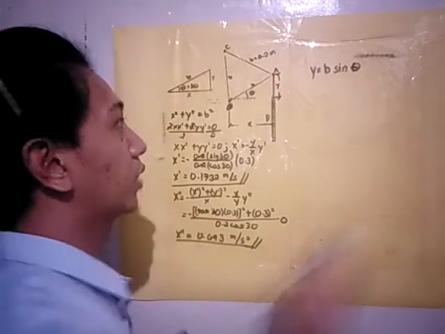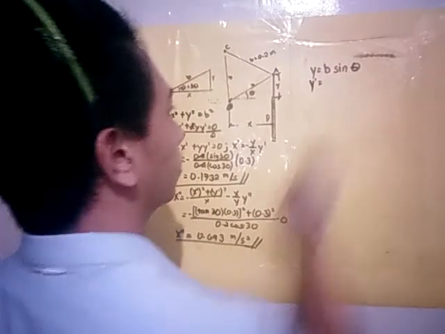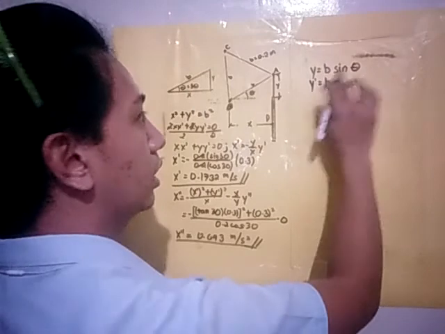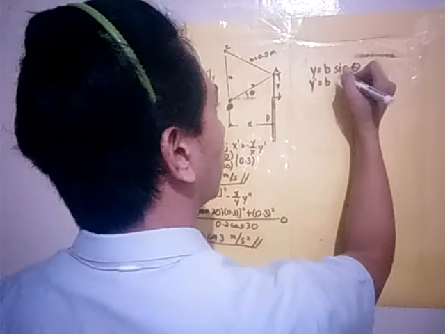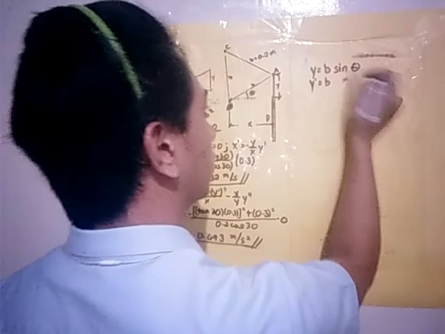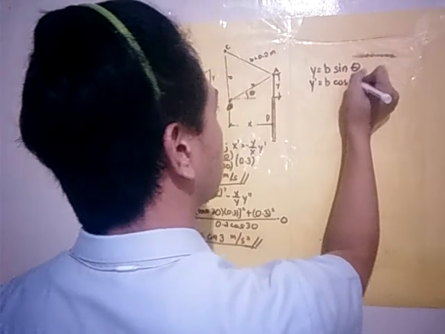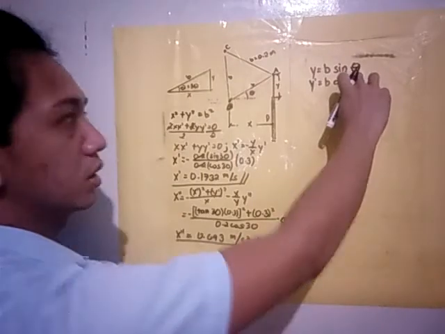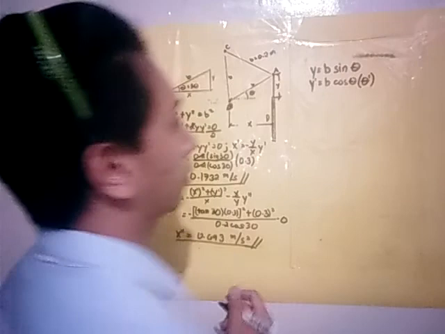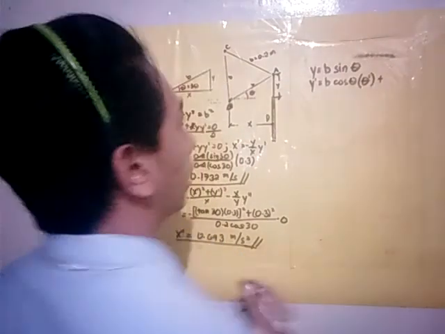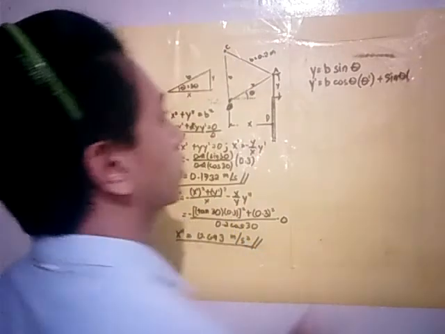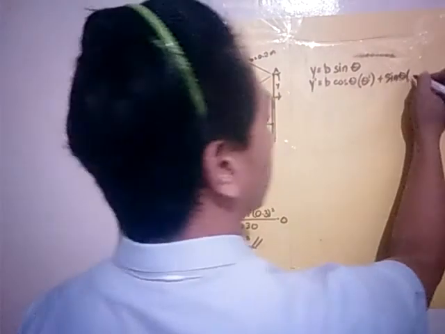Differentiating it, we will now get y prime equal to B times the derivative of sine theta, which is cosine u du, and our u is theta, so I multiply it with theta prime, plus sine theta times the derivative of b, which is constant, so 0.